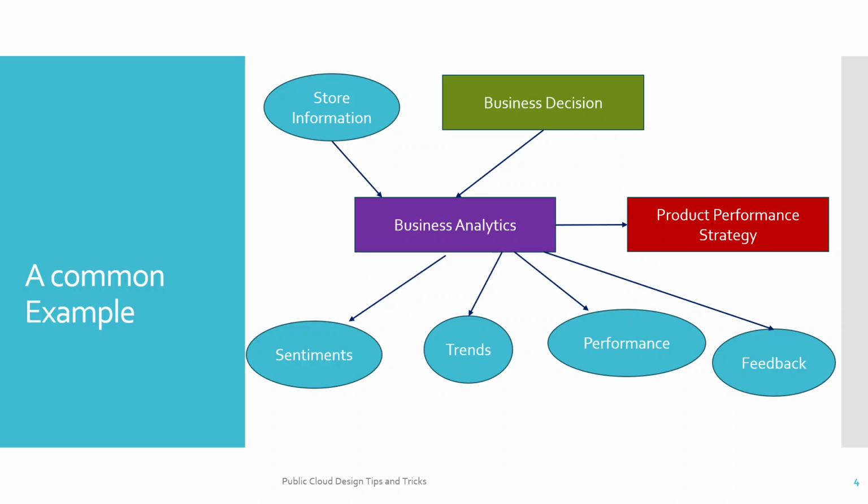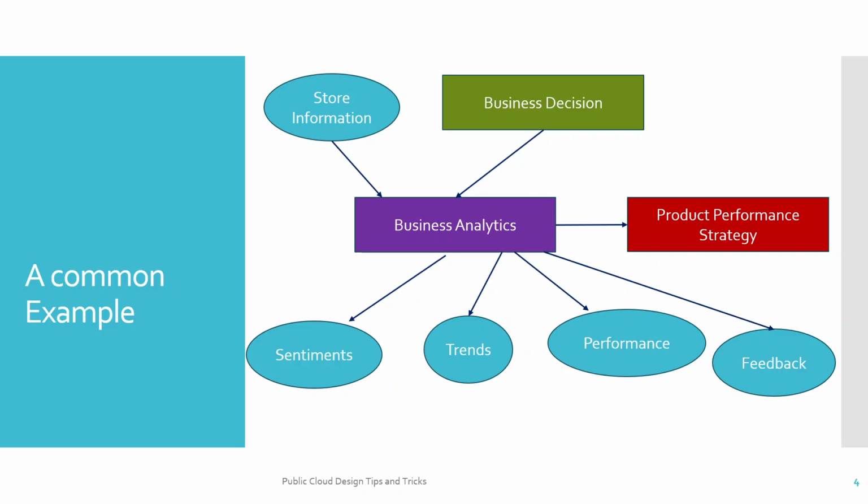If you sit and think about it, how it works is, you have to develop an analytical system where you pull out data from different sources. For example, sentiments of the customer, the current trends, the performance of an existing product, and different feedback mechanisms. So these are different data sources where you have to collect different data.